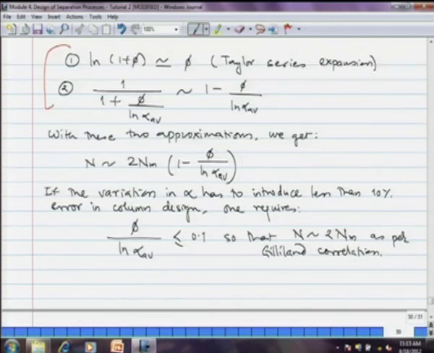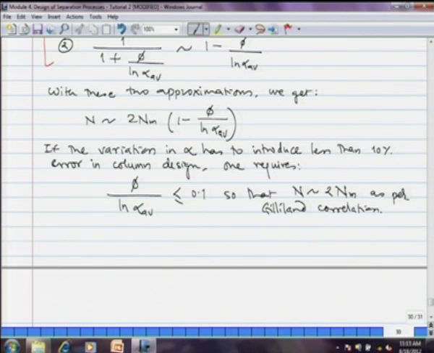Now, if the variation in phi is to introduce less than 10% error in the column design, that means in the number of plates, then the second expression has to be much smaller than 1. That means we can ignore it.